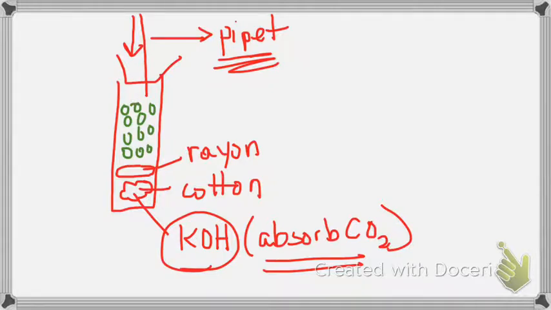The graduations on it are in tenths of a milliliter, so the lines in between would be hundredths, and you would be estimating to the thousandth of a milliliter. All right, so that's the general setup. But in each container, you also are going to need to have a control.